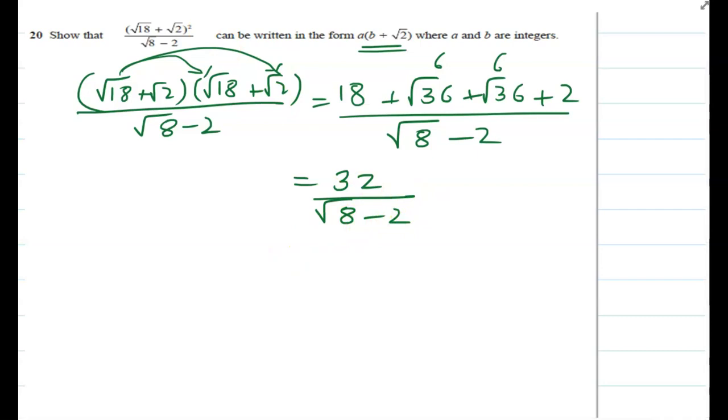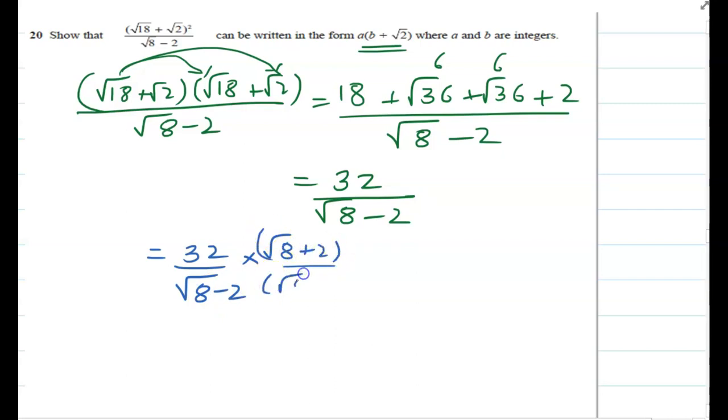Now we can rationalize here. How can we do it? Change the sign of the denominator and multiply in numerator and denominator. So the denominator is root 8 minus 2, so I'm multiplying root 8 plus 2 up and root 8 plus 2 down.